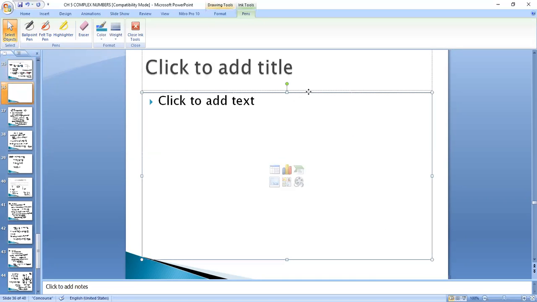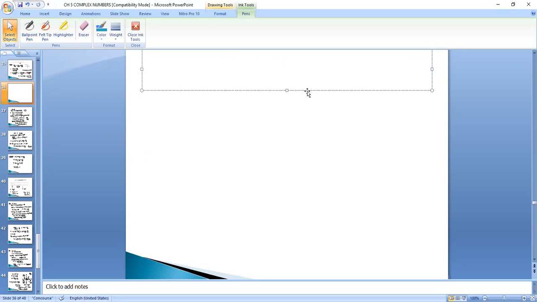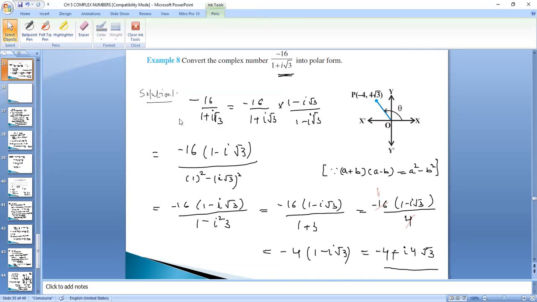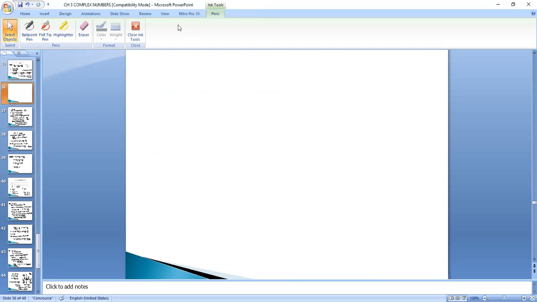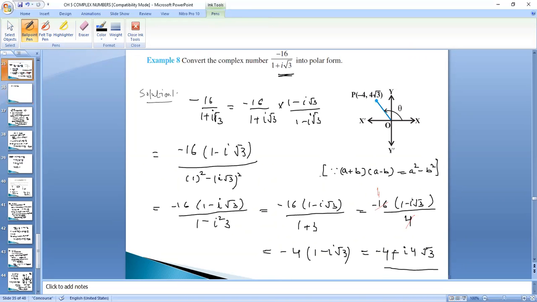Next, we will express it in polar form. Okay. So you also do on your note copies how to express it in polar form. So we reached at z is equals to minus 4 plus iota 4 root 3, right?